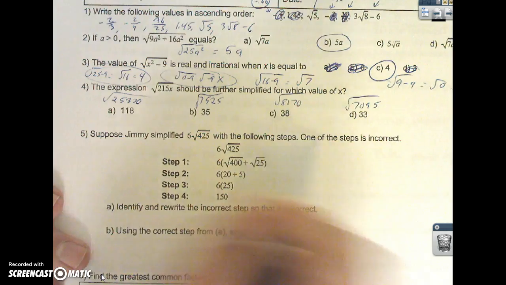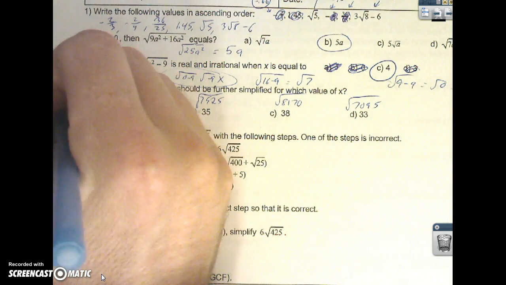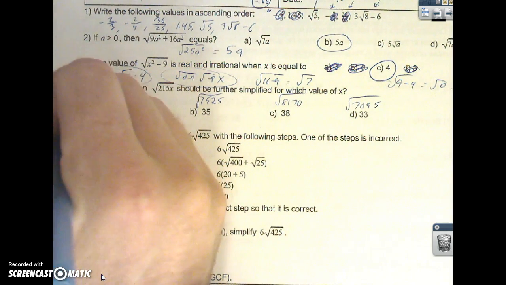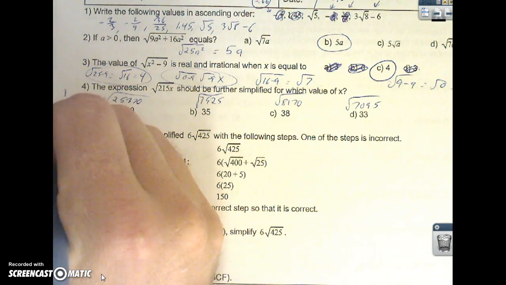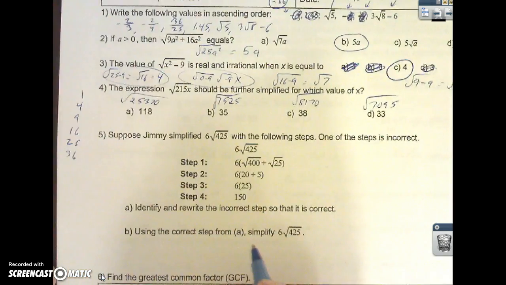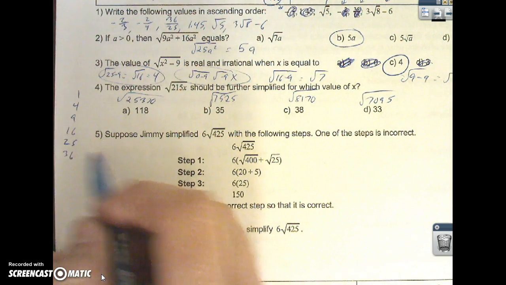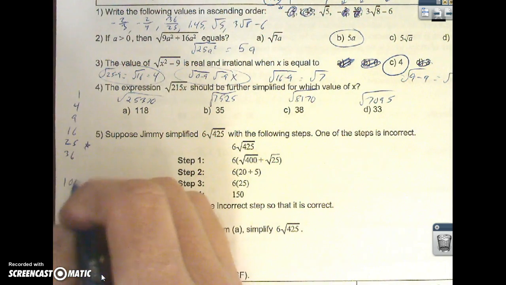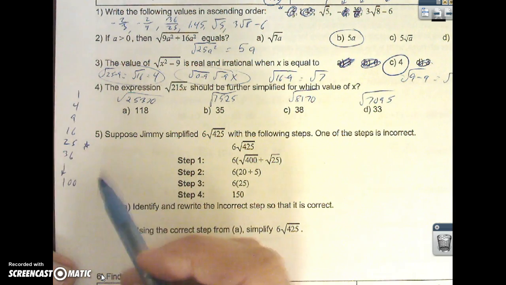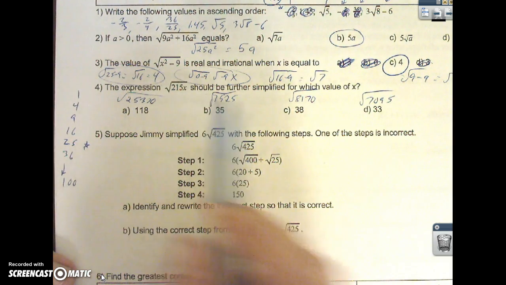I'll give you a big hint. We're dealing with large numbers. Here are your perfect squares. 1, 4, 9, 16, 25, 36, so on, so on. For numbers this large, you're looking at either 25 or 100. Do you think 25 or 100 can go in any of these three numbers?